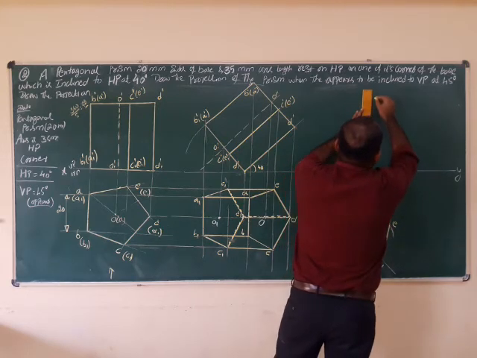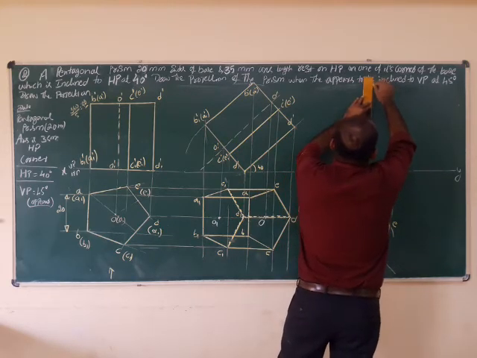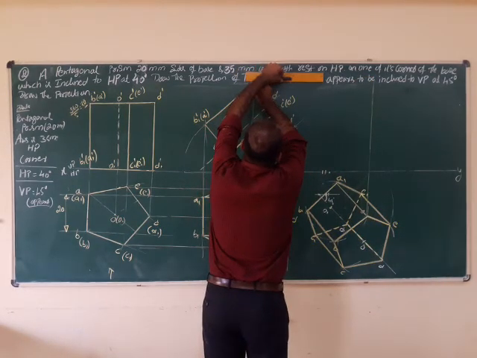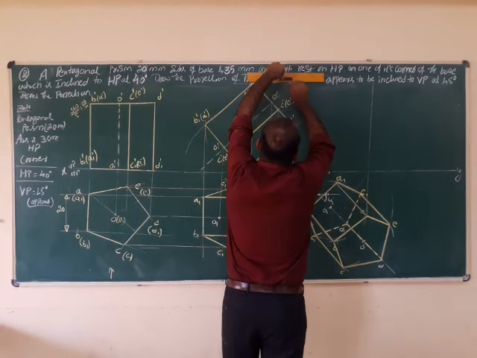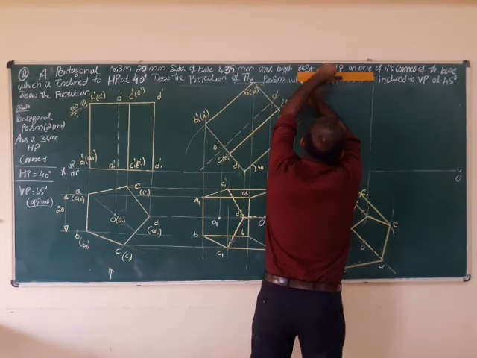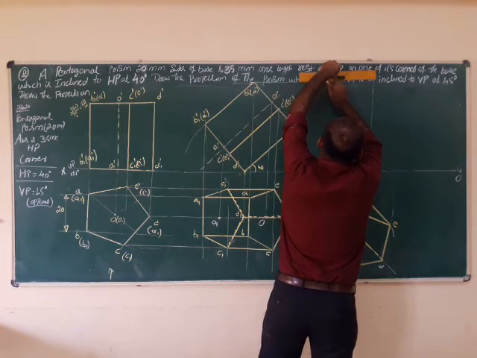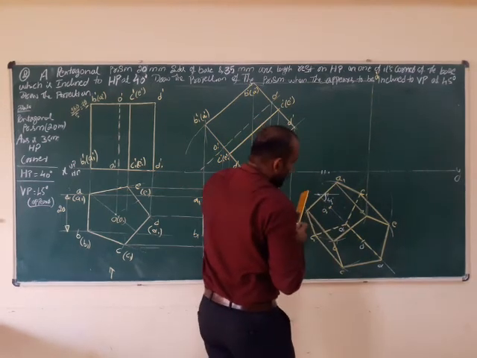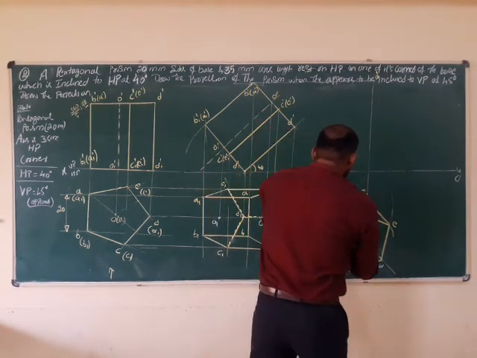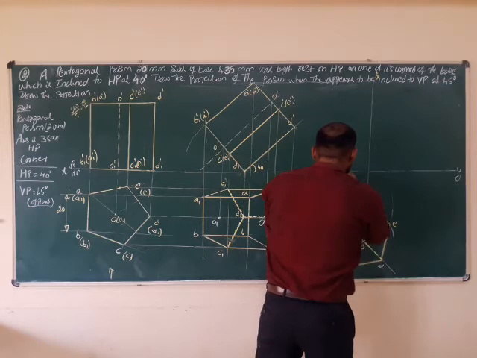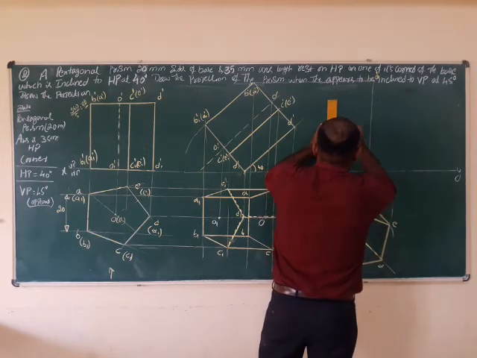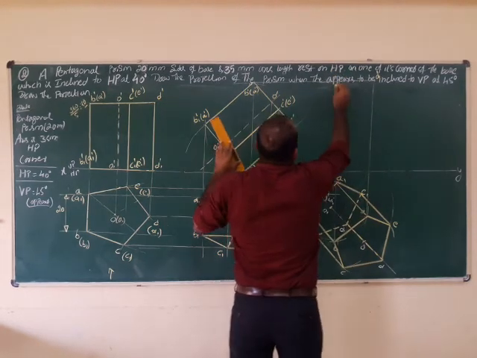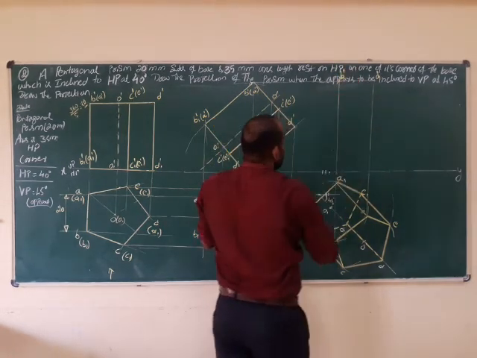The point is called a. That you have to find out. The last point is called a dash. Next, B. B is the same line. B dash.